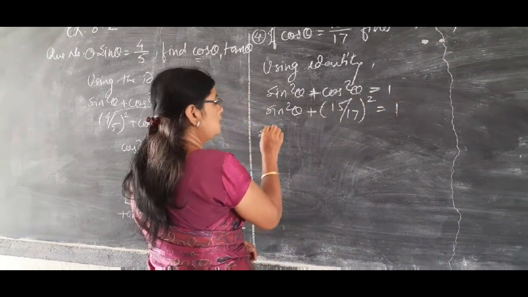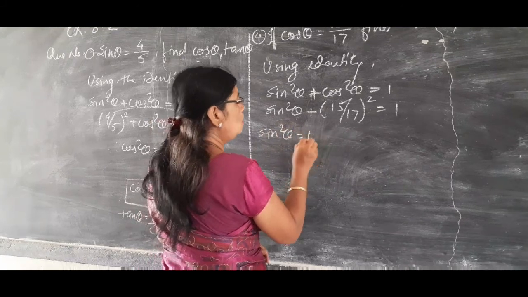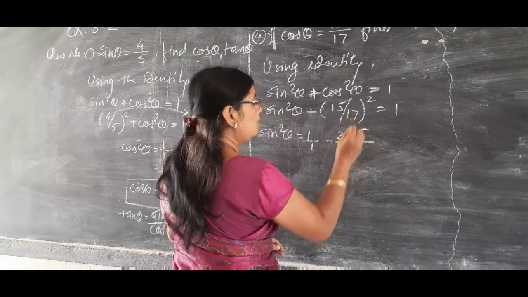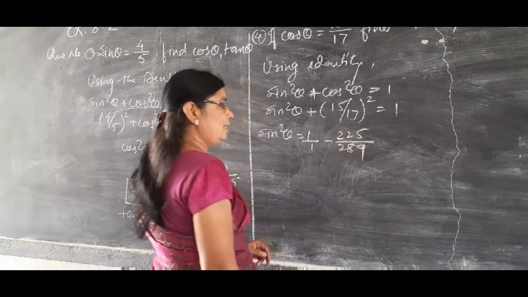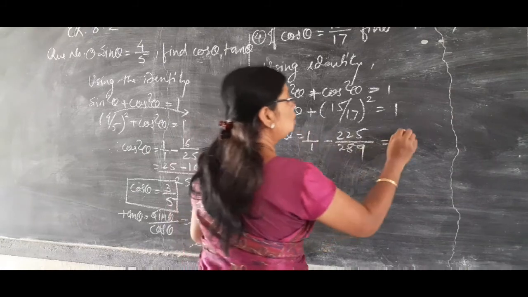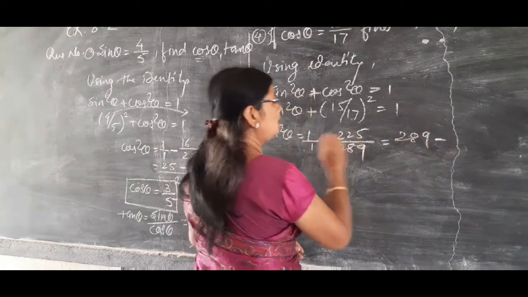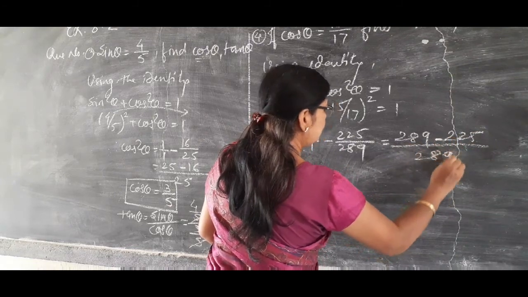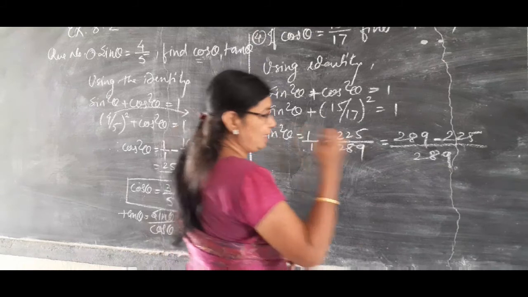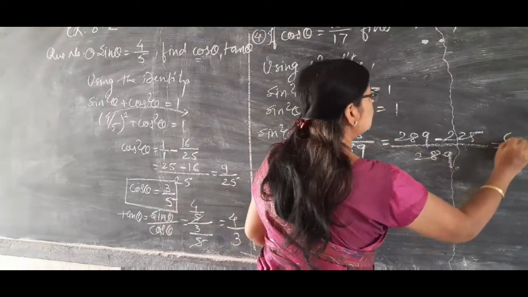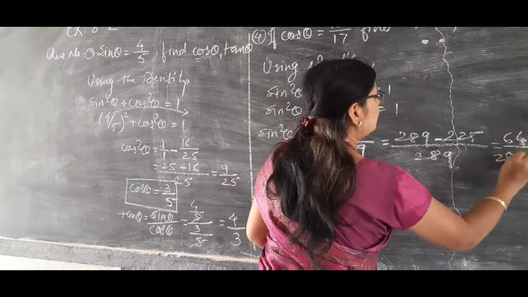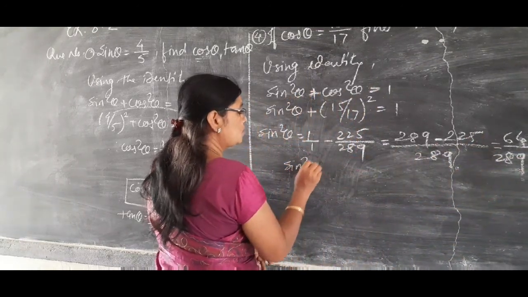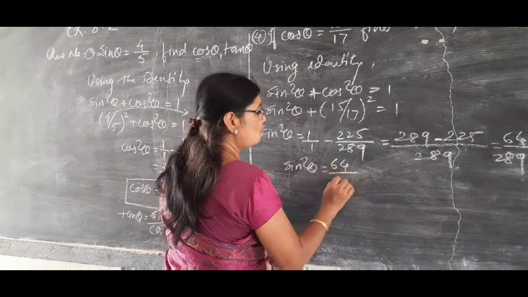Therefore sin square theta is equal to 1 minus 15 square, 225, over 17 square, 289. Now do the cross multiply: 289 minus 225 upon 289. Now 289 minus 225, how much? 64 upon 289. So sin square theta is 64 upon 289.